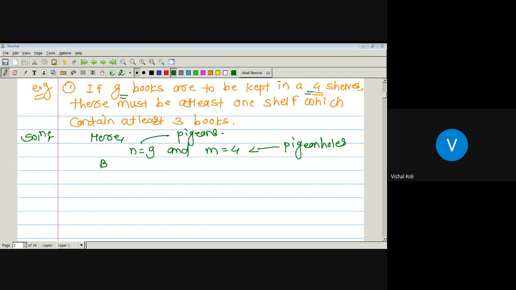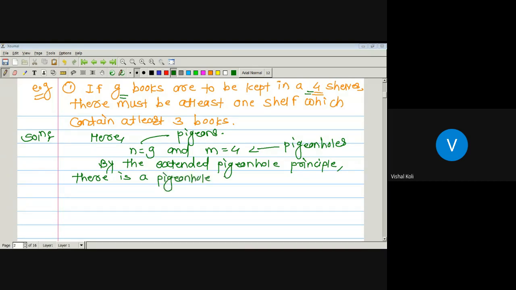Okay, so by the extended pigeonhole principle, there is a pigeonhole which contains at least the greatest integer value of (n minus 1) divided by m, plus 1, is equal to the greatest integer value of (9 minus 1, that is 8) divided by m, that is 4, plus 1, that is equal to the greatest integer value of 2 plus 1, which is 2 plus 1, equal to 3 pigeons.